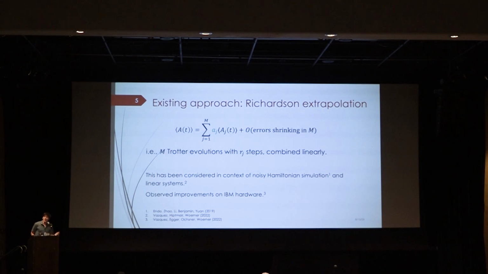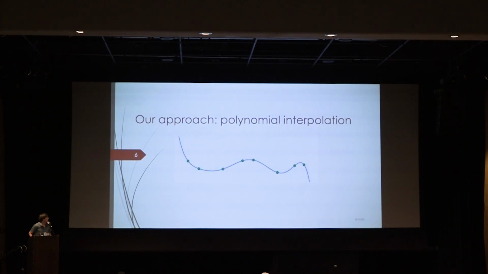So I'm going to pivot on that note and just have us consider a different approach you might take. Consider the technique of polynomial interpolation. So here in this sketch, we might imagine our data points being gathered from Trotter evolutions. Maybe our data is for estimating eigenvalues through phase estimation. Maybe we're estimating expectation values.